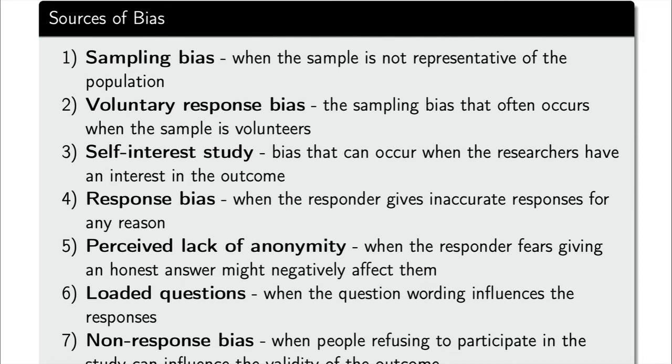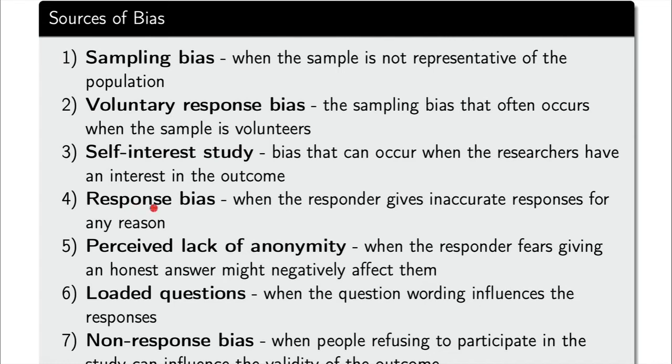Well, I have a vested interest in that, right? I personally think that my teaching is going to be effective, and so that's probably not going to be a very good study. That's when I've got some bias due to self-interest.